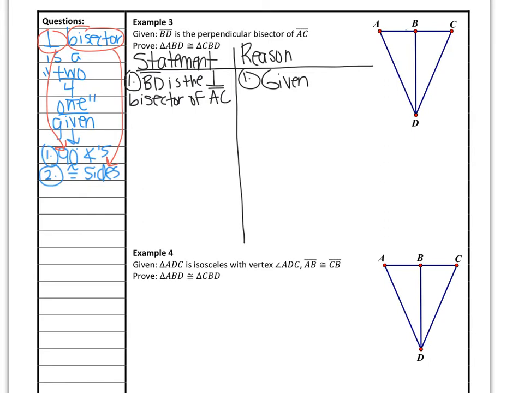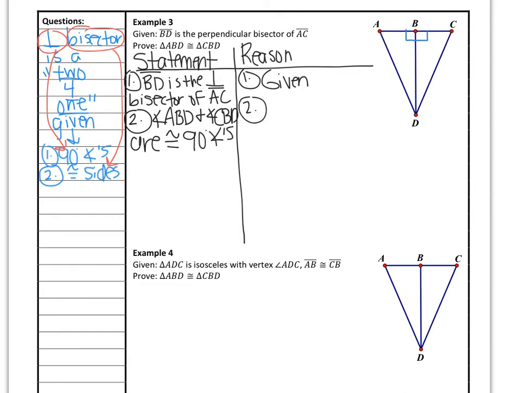When I look at the picture, we've got BD is the perpendicular bisector of AC. So if it's the perpendicular bisector, that means that there's 90-degree angles where BD hits the opposite side. So our next statement can be that angle ABD and angle CBD are congruent 90-degree angles.